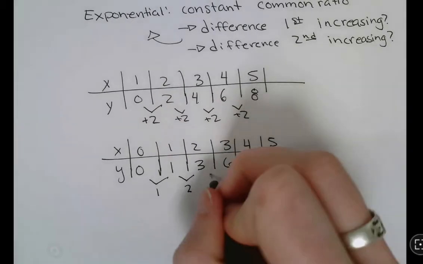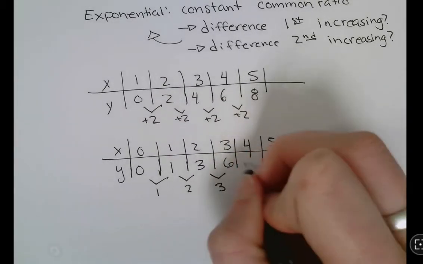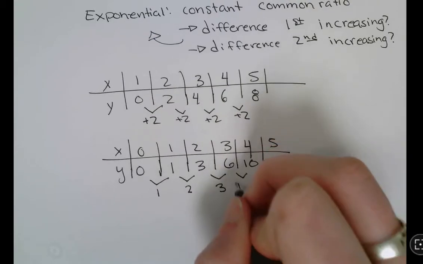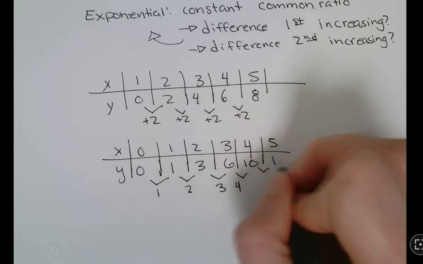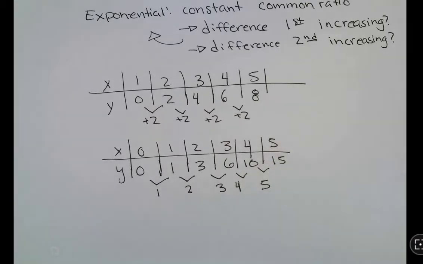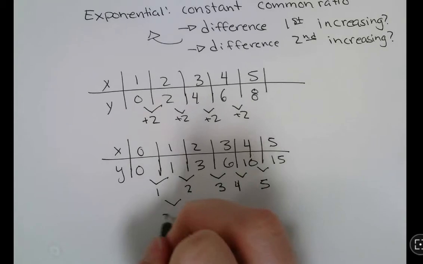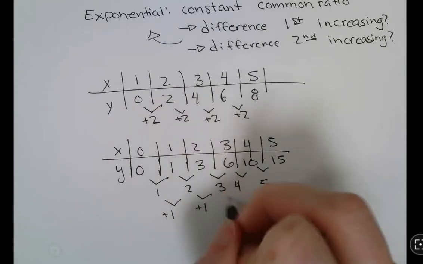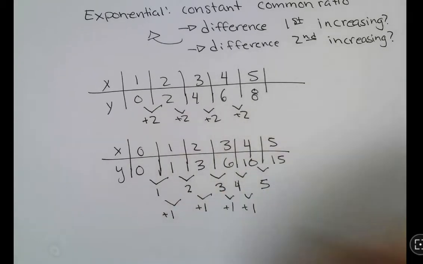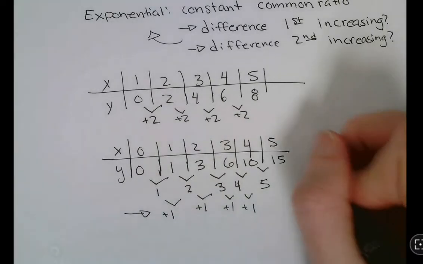So that was a difference of 3. Goes up to 10. Difference of 4. Goes up to 15, difference of 5. But now, if I look at my second difference, it went up 1, it went up 1, it went up 1, it went up 1. My second difference was constant, so this is going to be our quadratic.